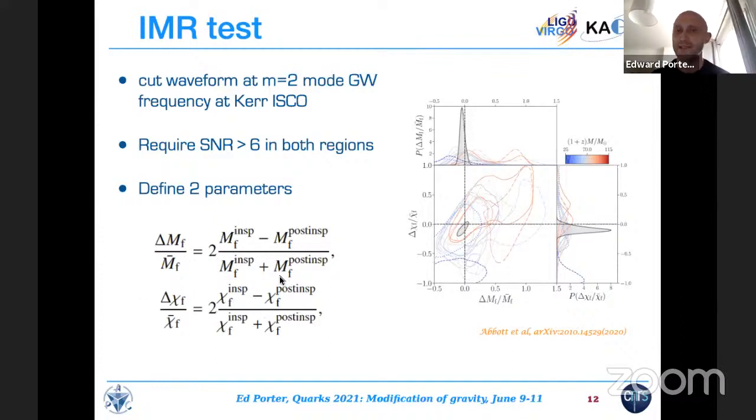So it's failing this test more on a technicality than anything else. What's important in this image are these two gray distributions, which are the combined posterior distributions, combining all of the detections together. And we can see that the general relativity value of 0 is confined within the 90% credible intervals. So the IMR test gives us no reason at this point to doubt general relativity either.